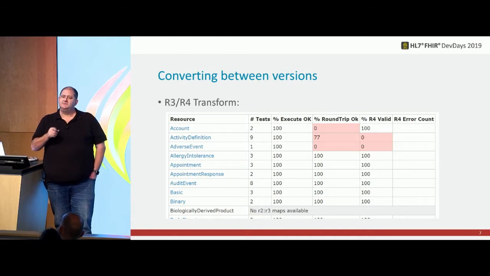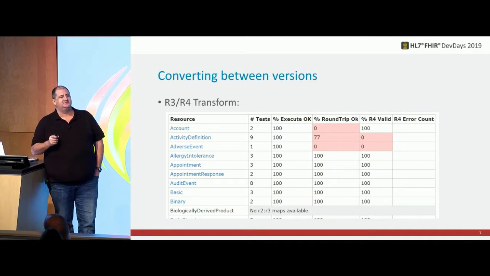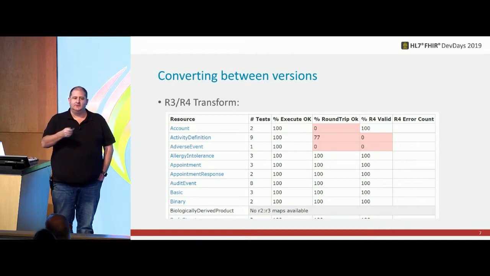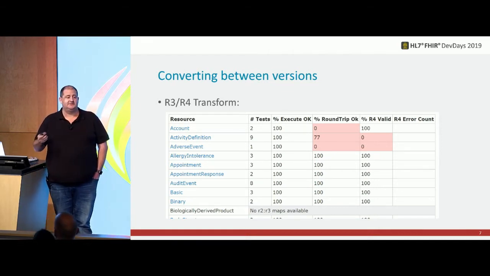The problem with these conversions is committees change their assessment of the requirements based on feedback from the community from version to version as we go through the maturity process. Once we get to normative, these are 100% bulletproof conversions. I actually will maintain them and check them thoroughly. But when we're dealing with the other resources, committees will go, hey, we're not going to do that, we're going to do something else. And there is no generic conversion that will go from 3 to 4 when the committee said that.